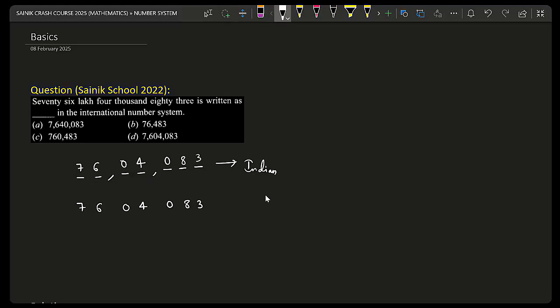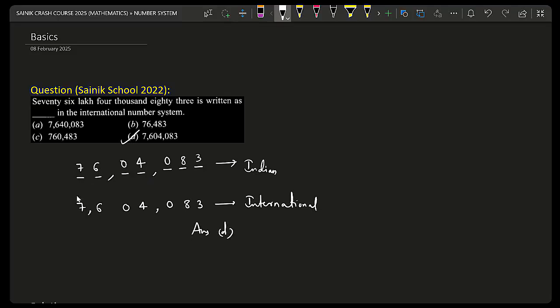After every two digits or three digits, which pattern do we follow in the international system? Three digits. Every three digits. Yes, starting from right to left, every three digits you count and place commas. So this is in the international system. Which option is matching, Srivatsav? Sir, D. Yes. The answer is D.